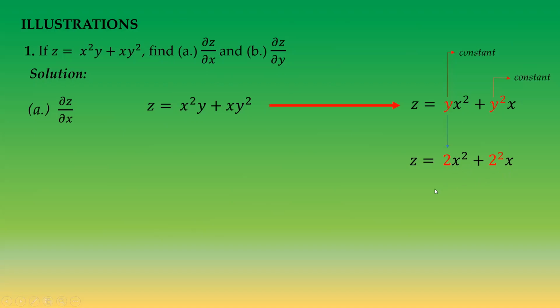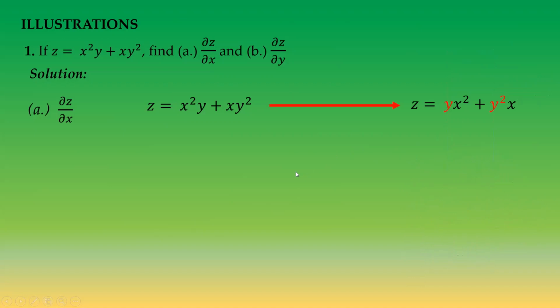Now, by differentiation, magkakaroon ka ng 2 constant, derivative ng x squared ay 2x, 2 squared, yan ay constant, derivative ng x ay 1. Or simply, we have 4x plus 4. So ito yung principle na i-apply natin sa partial differentiation. Para ka merong z as function of x lang.